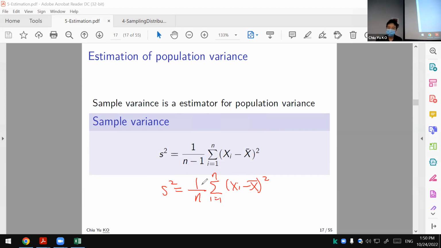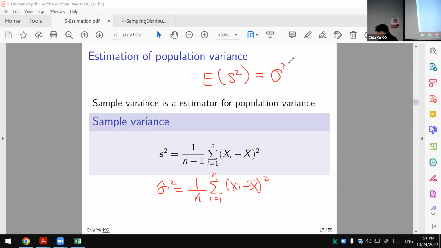Why do we have n-1 instead of n? Usually I write this, sometimes they write sigma hat, but anyway, the main reason we use this is something we will show in the next slide, which is technical, but this is exactly this.